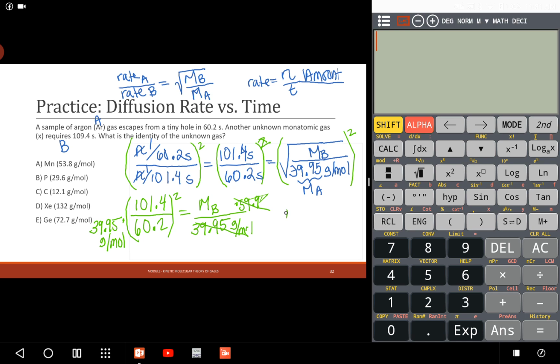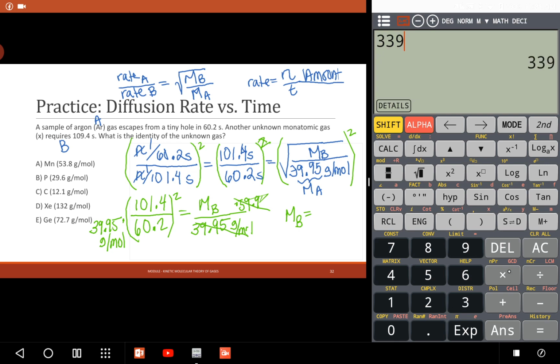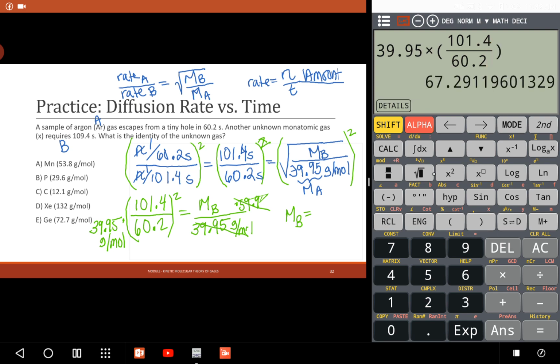So now my molar mass of B will be equal to 39.95 times, open parentheses, fraction, 101.4 divided by 60.2, close parentheses, and then square the parentheses.